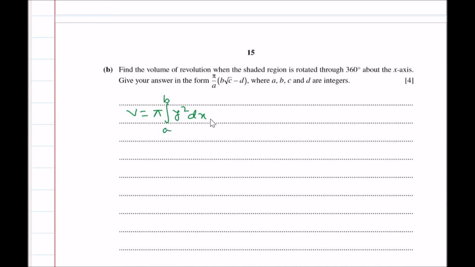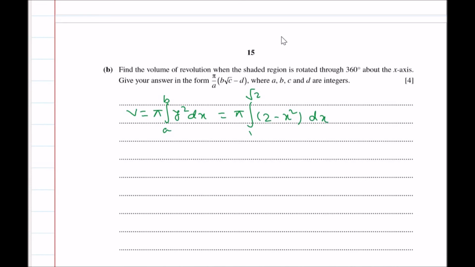Now we'll write π, as we discussed, from 1 to √2, and y² is 2 − x², dx.